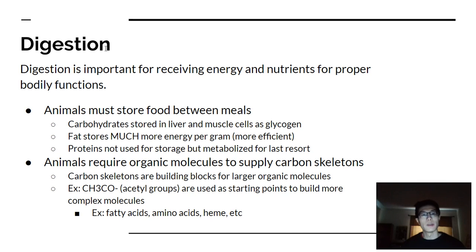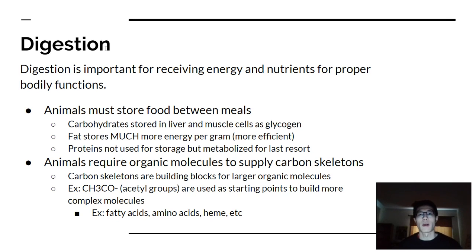We can also store fat, so adipose tissue, and what's really fascinating is that fat basically has more energy per gram and is much more efficient than carbohydrates because fats are more reduced. So proteins are very important for our body, but we actually don't do that great of a job in terms of storing them. So generally speaking, we're just metabolizing them for last resort purposes.